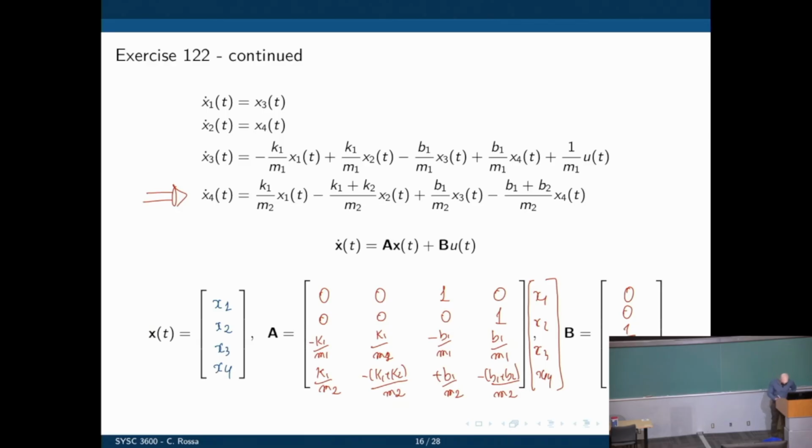And there is no u, so that's 0. I just realized there could be a mistake in your solutions where that is written as a double dot in your copy. It's just a dot. That's a typo. I fixed it in my copy last night, but I think I forgot to upload.